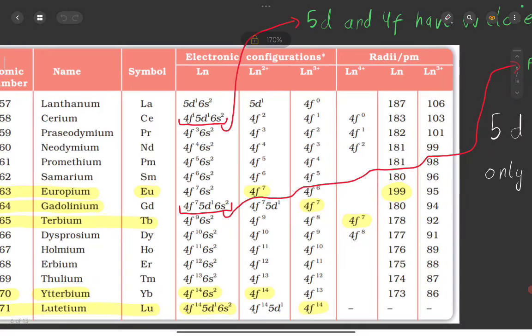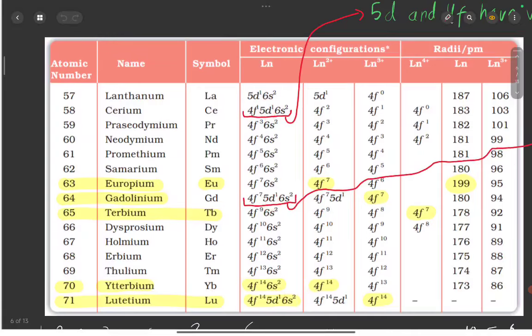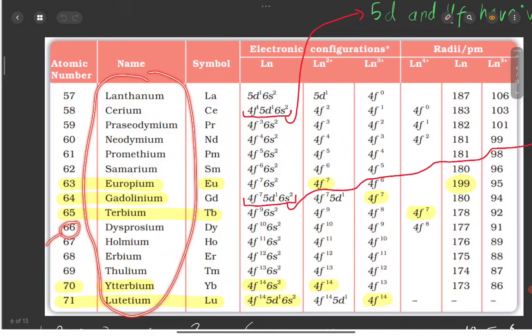And even the ones that do, they only have one electron. Which means all you have to do, if you have to write the electron configuration of any of these elements, is note its atomic number, remove 56 from it, and whatever's left, if it is 58, 64, or 71, give one of those electrons to the d subshell and the rest of them go in the 4f subshell.